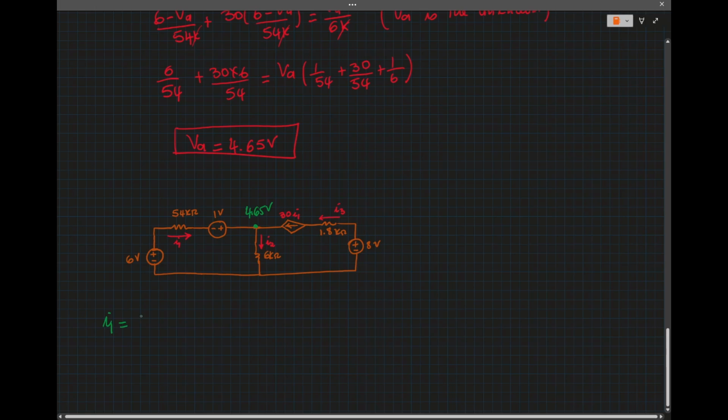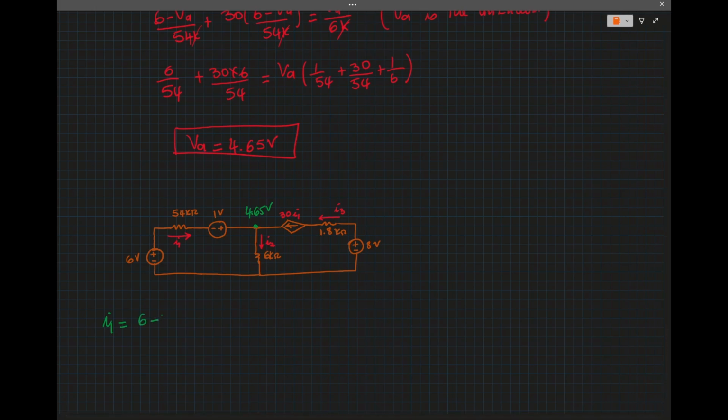I1, we know that was 6 minus 4.65 over 54K. Right? The I1 was 6 minus VA over 54K. So 6 minus 4.65 over 54K.